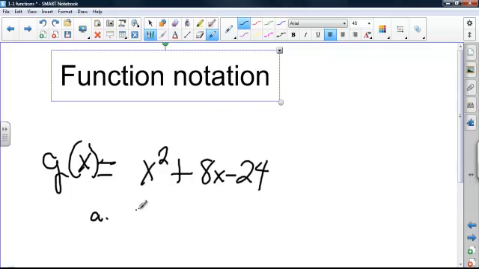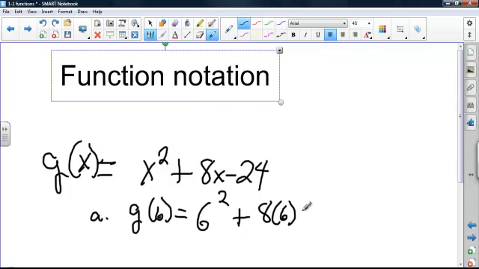For the first problem, they want to see g of 6. Now, all we do is we take this 6 and we put it in place of x. That's all we do. Wherever we see an x, that's where we put it. So we're going to have 6 squared plus 8 times 6 minus 24.